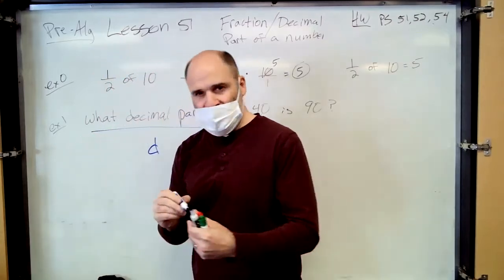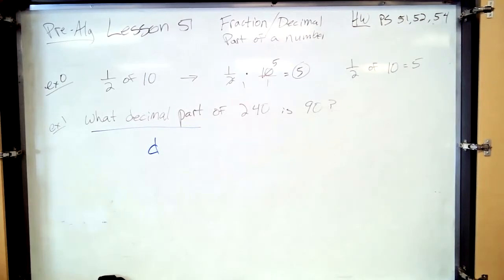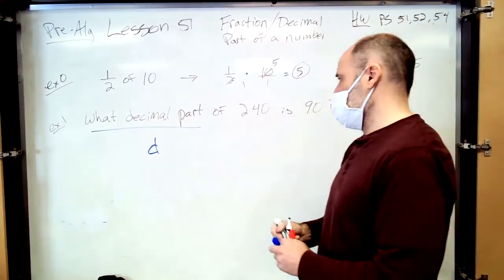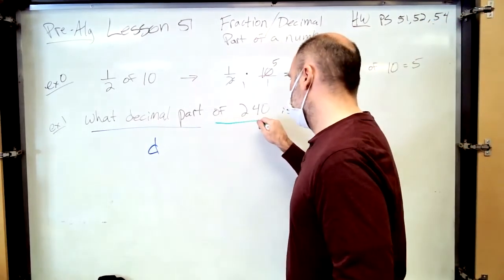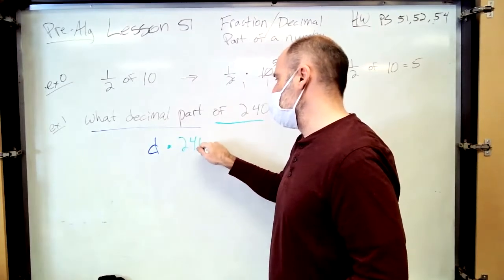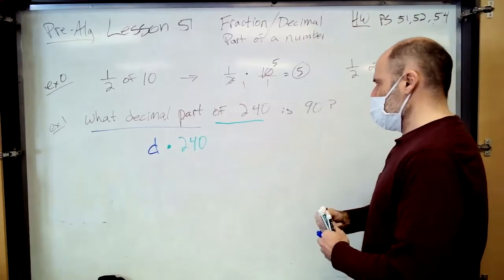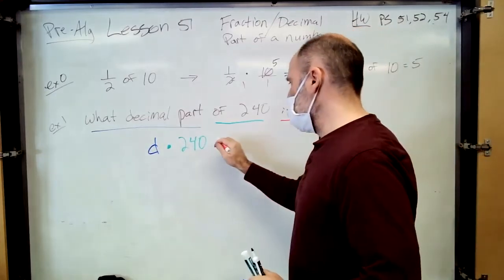So when I get to the end of my math problem, I want to make sure my answer is a decimal. How do you say of 240? Multiply. So of 240. How do you say is? Equals 90.